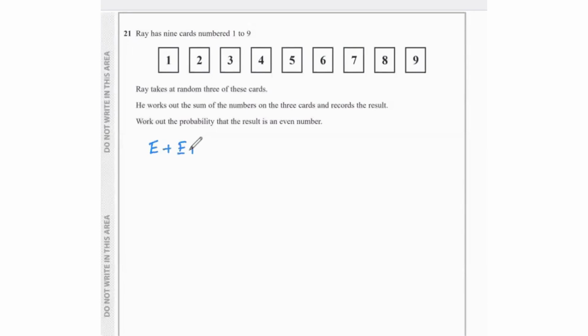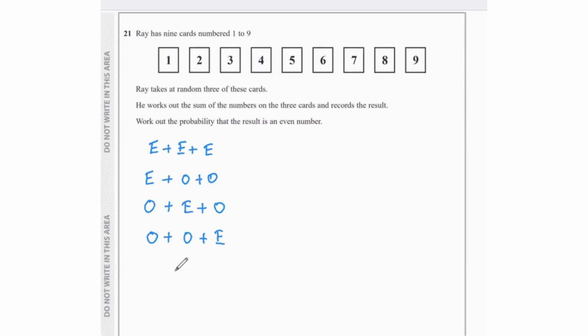3 even numbers. We can get an even number if we add 1 even and 2 odd. Once again, first can be odd, second can be even, and the third can be odd. And first can be odd, second can be odd, and third can be even. These are the only ways we can get an even number each time we add the three numbers.